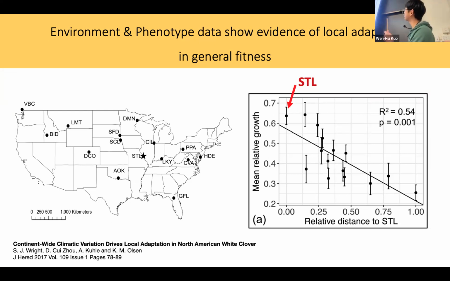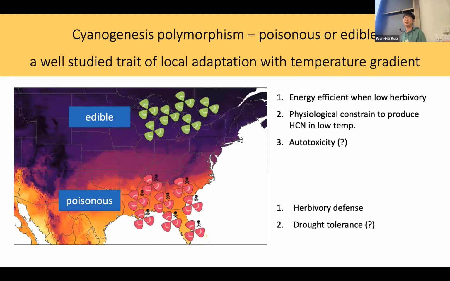She found a decline of fitness with increasing distance to St. Louis, and the St. Louis local population had the highest fitness. This home-site advantage is very strong support of local adaptation.